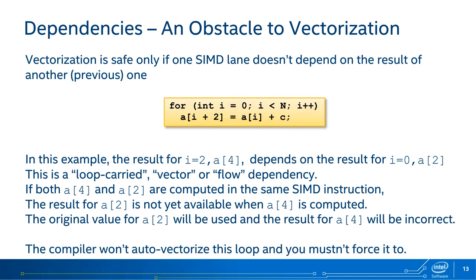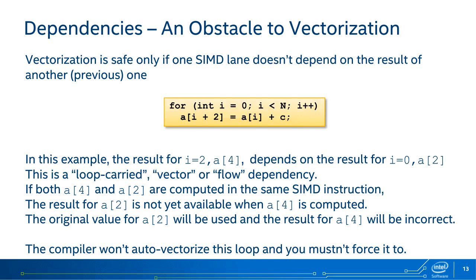Dependencies on an iteration more than n iterations earlier, where n is the vector length, are okay, but we're not going into that here. Write after read dependency, where a variable is updated in a later iteration after the original value was used in an earlier iteration, doesn't prevent vectorization, but does prevent auto-parallelization.